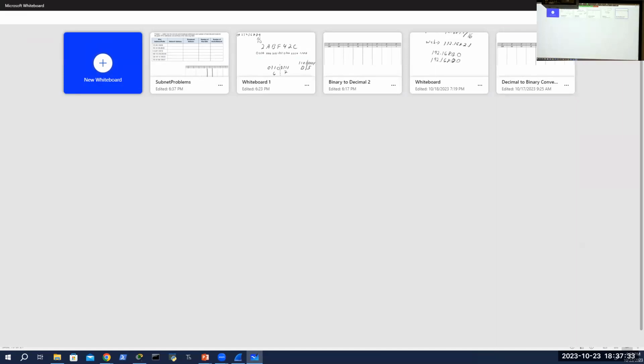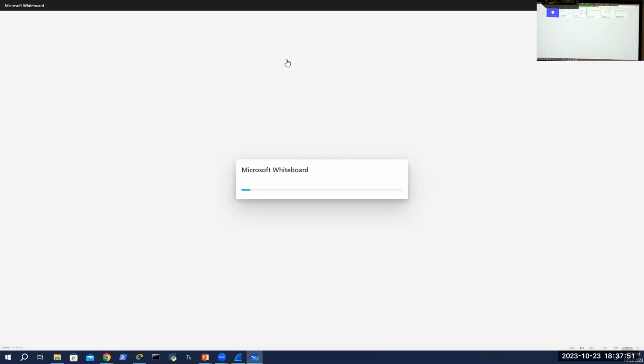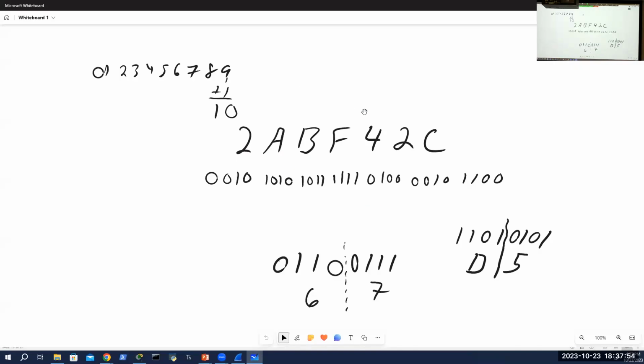Okay, so let's see what else. Does that pretty much explain hex to binary to hex? I think there's a worksheet and there might be a problem or two where you're going to do hex to decimal and vice versa.